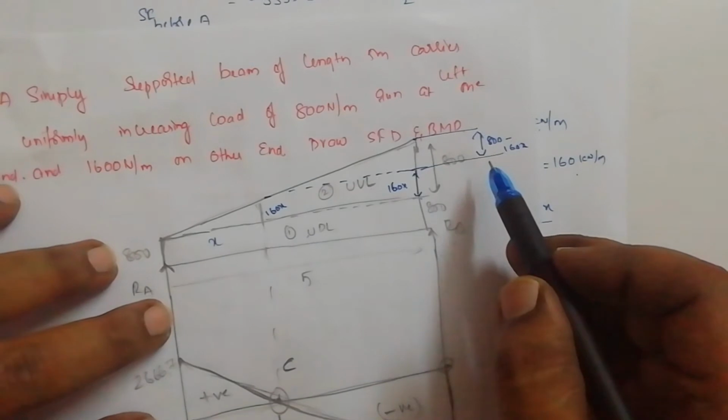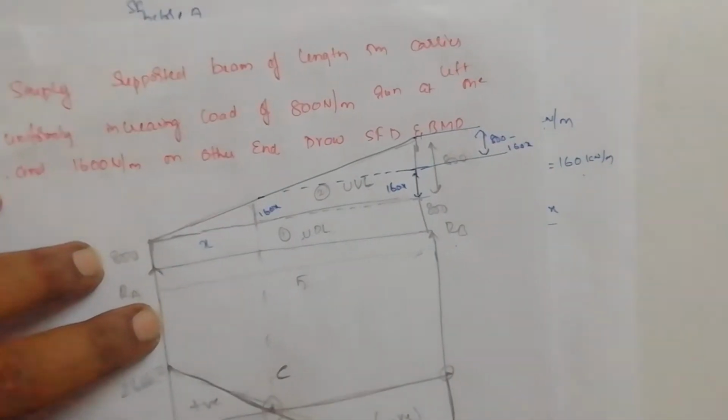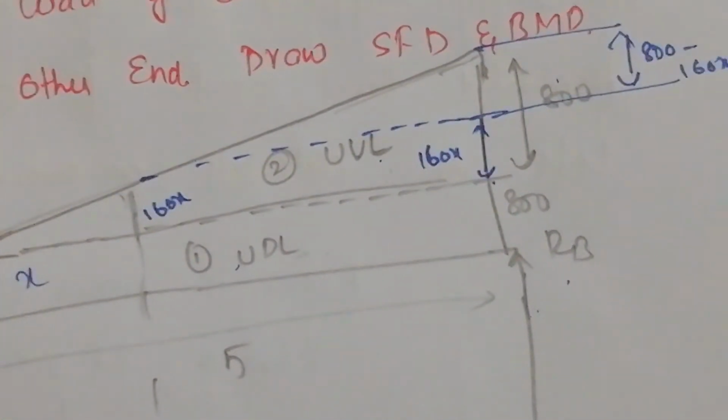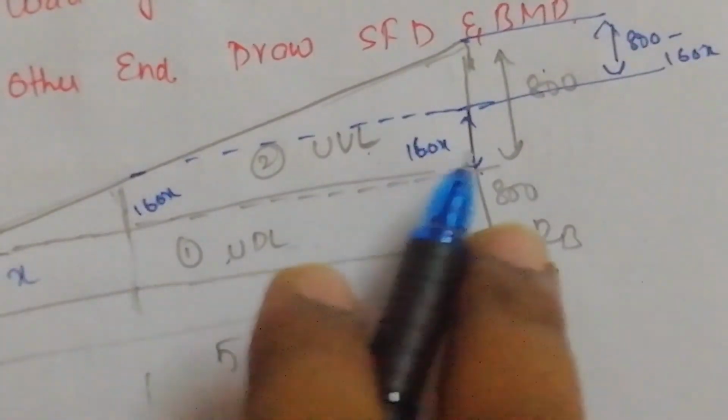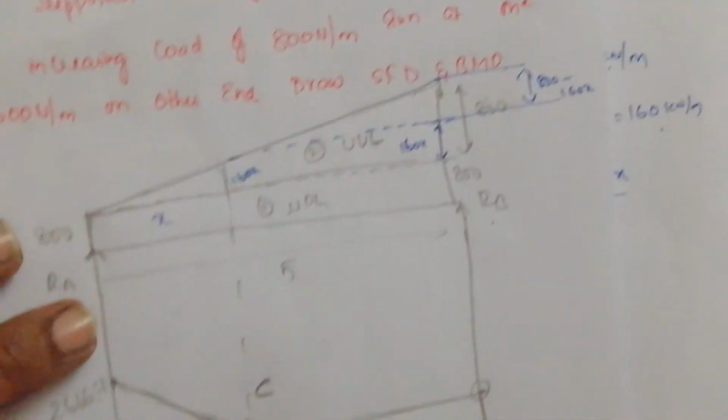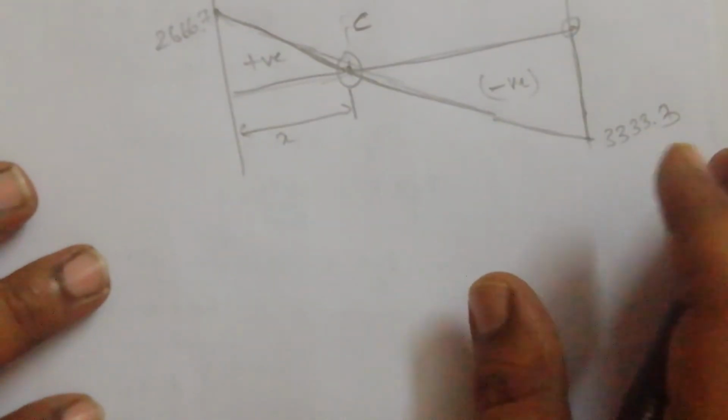I think you can see this. If you can't see it, let us zoom in: 800 minus 160x. This height is the same as this. So this is 160x, this is 800 minus 160x. Okay, done.